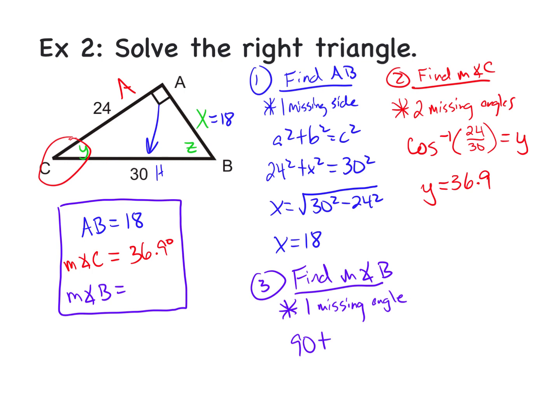The 36.9, the angle we just found. We get 126.9. Then we subtract that from 180. 180 minus 126.9. So 53.1. And that's it.